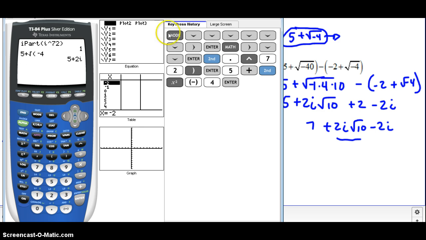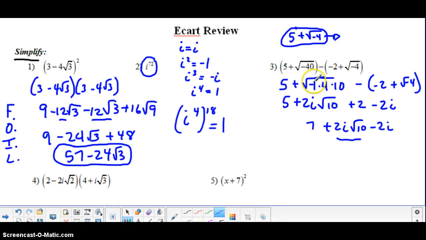So if it was a radicand that won't simplify completely, and you guys know this from last unit, then it's not helpful to use a calculator. But if it will simplify, then it would help you to use the calculator to check. Okay? So for number 3, this is our final answer. These two are not like terms, and we wouldn't combine them.